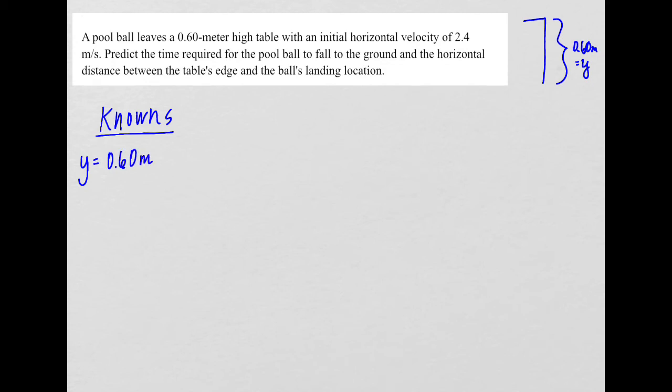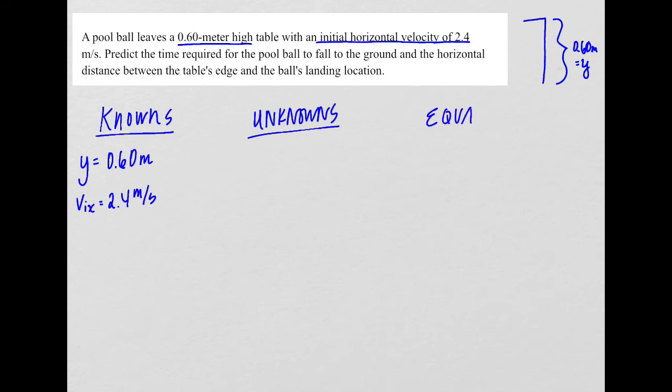And this is y. Okay, so we have a high table with an initial horizontal velocity. That's an initial velocity, and it's x because it's horizontal. It's 2.4 meters per second. Let's write down our unknowns and our equations, but we're not going to fill those out yet.